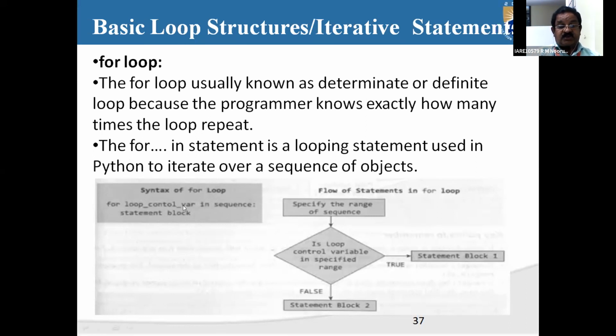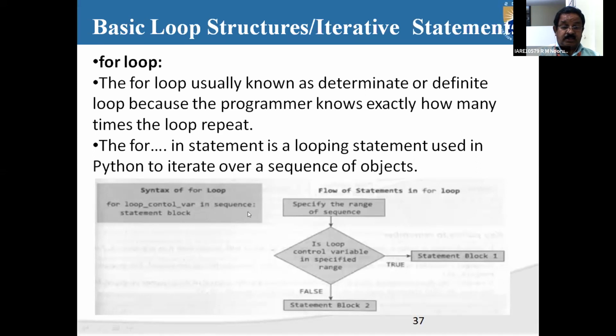The general syntax for the for statement is: for loop control variable in sequence. This sequence may be a string, a list, a tuple, a set, or a dictionary, right?